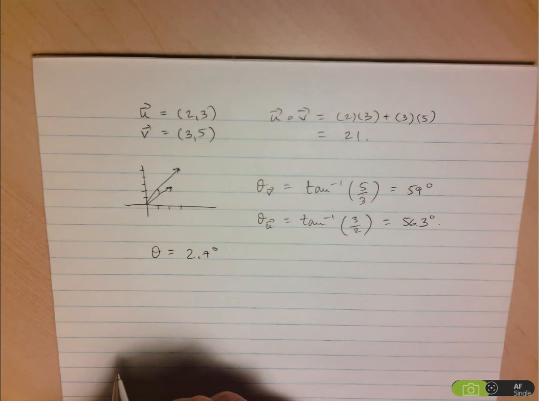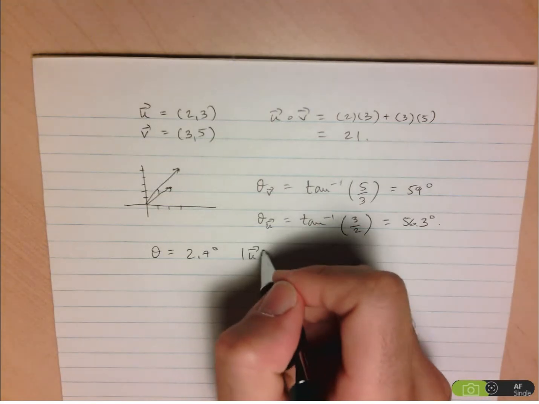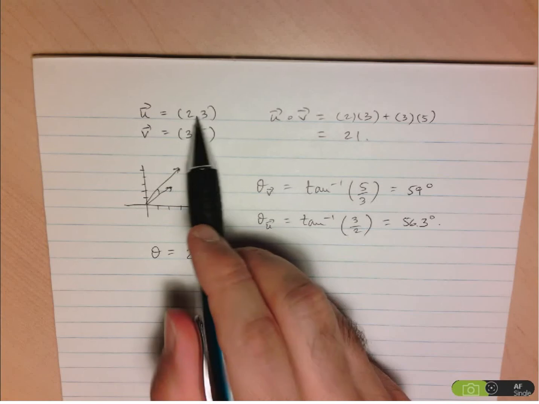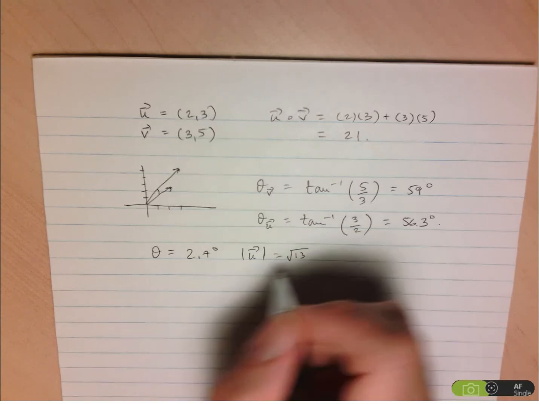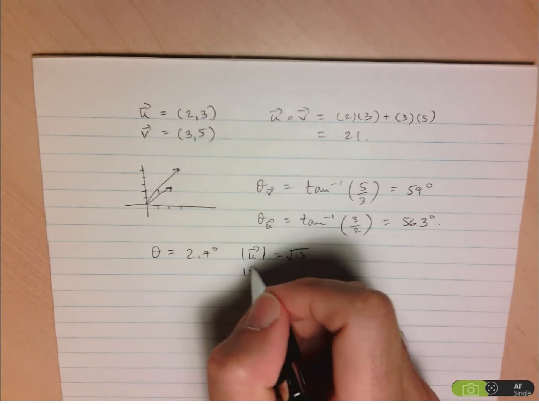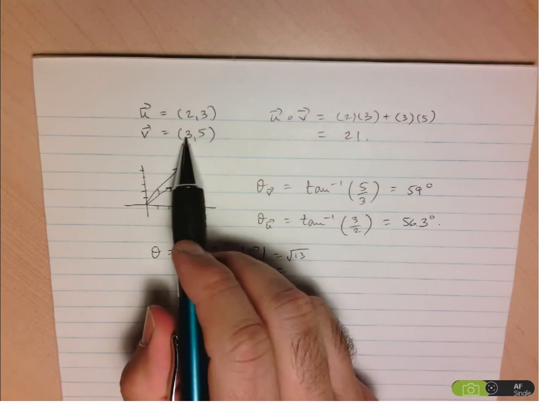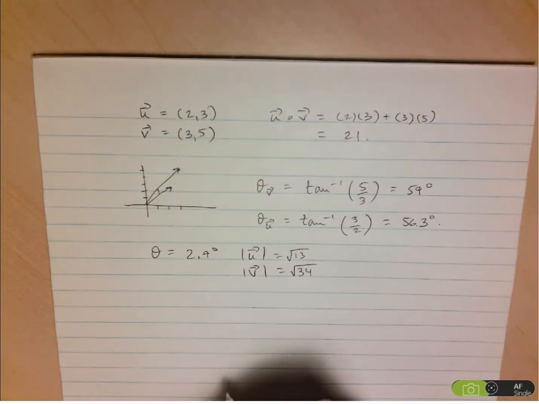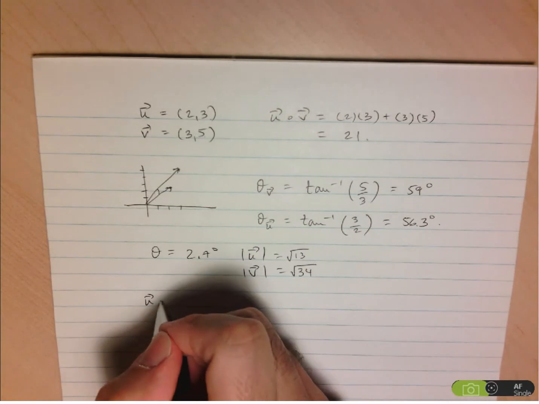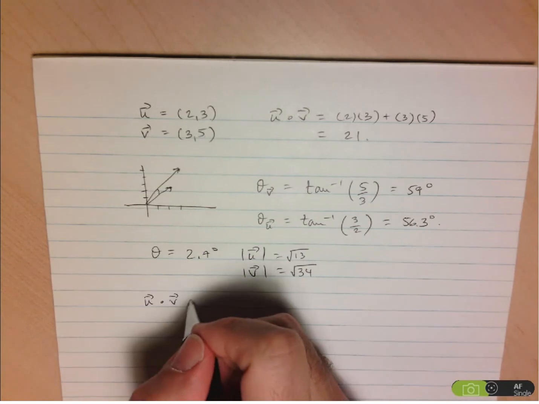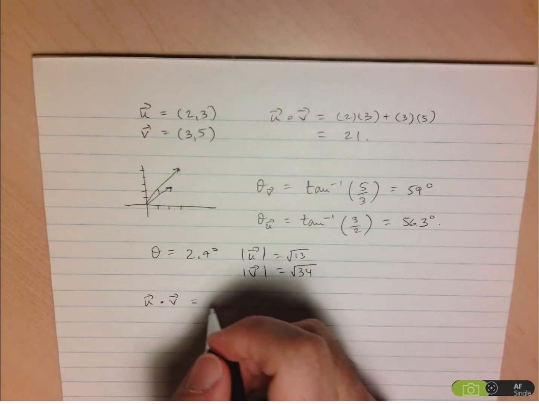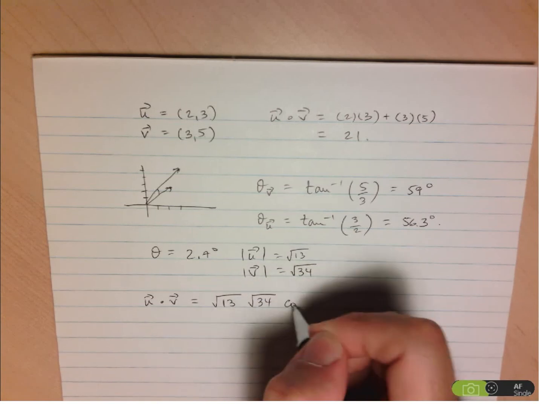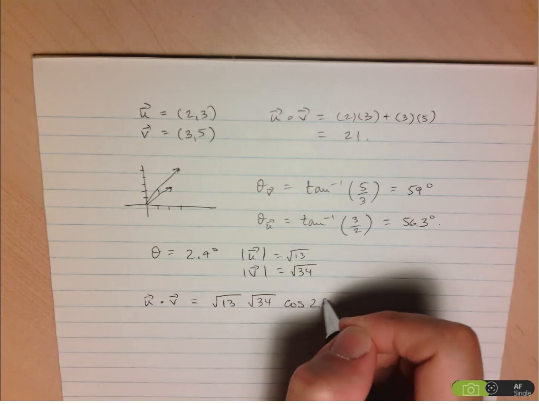Now we also need the magnitude of u. The magnitude of u is the square root of 2 squared plus 3 squared. So 9 plus 4, so that's the square root of 13. And you take the magnitude of v, which is 9 plus 25, so 34. So that's the square root of 34. And if you use the original definition for u dot v, we have the square root of 13 times the square root of 34 times cosine of 2.7.